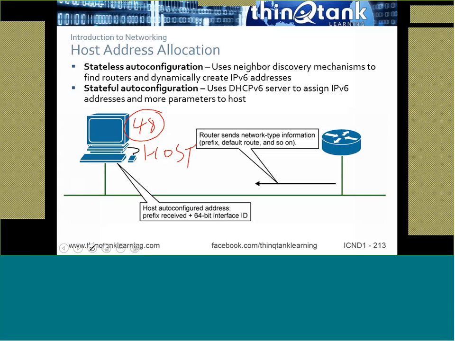We'll go back and look at the EUI-64 process in a second. Then it sends out a message on the network and says, hey, I want to join the network. What network do I belong to?